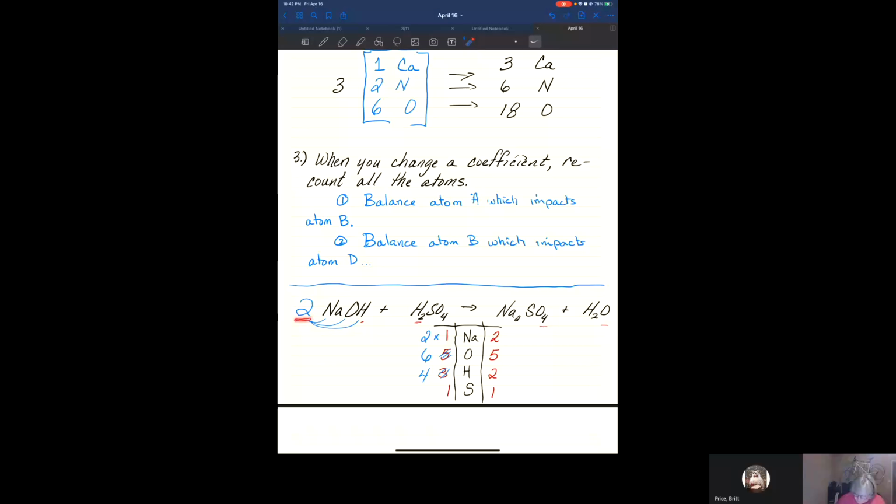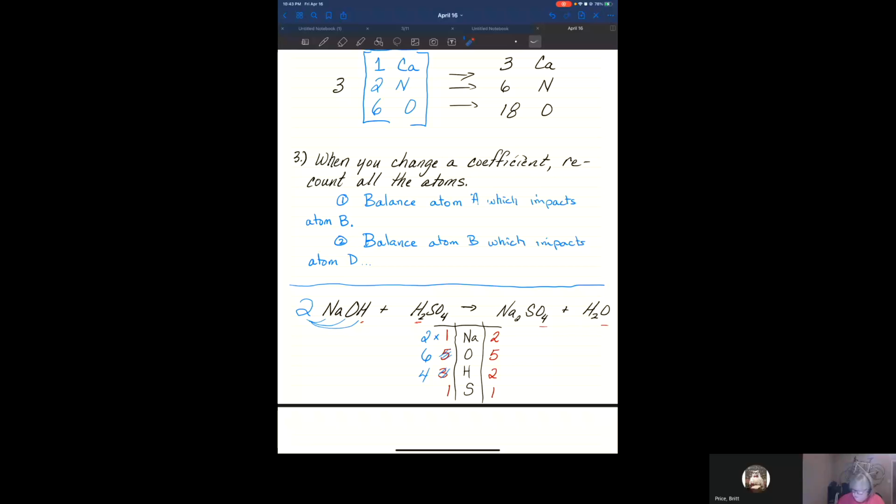I just put this 2 here to get the sodiums to balance. I certainly don't want to play with this number. If I change a number here, I'm going to change the hydrogen count, the sulfur count, and the oxygen count. No.